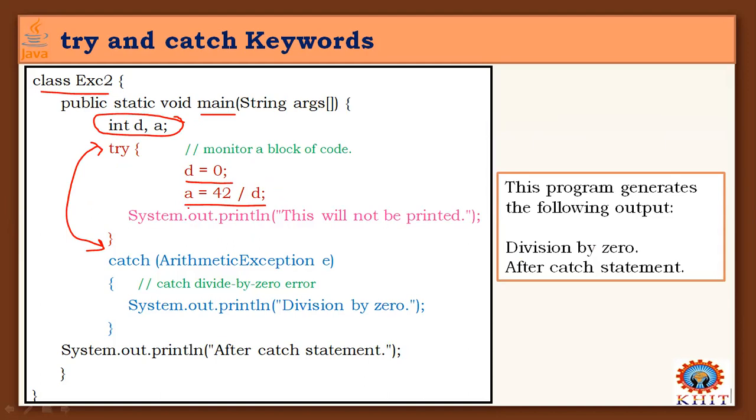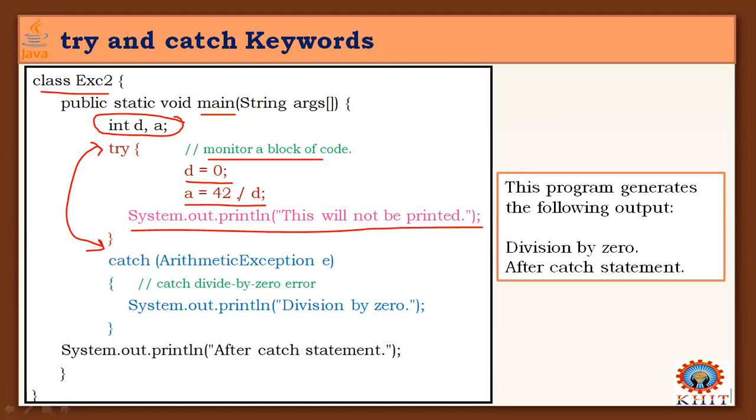We know that this code generates one exception. So to monitor the exception generated by this code, I'm keeping these instructions in my try block, right? And there is one more statement taken in the try block.